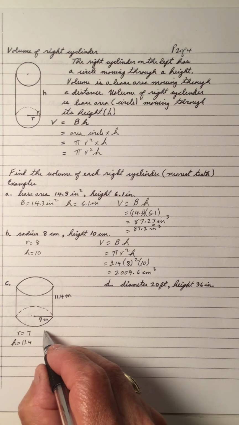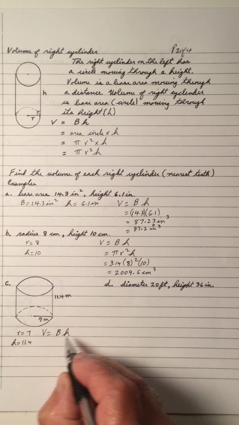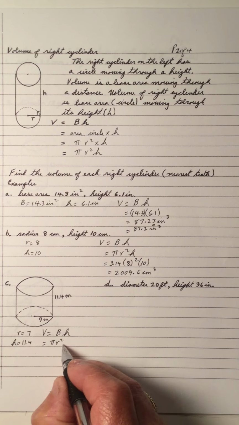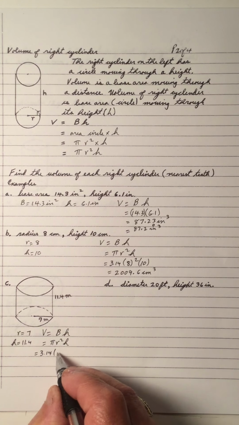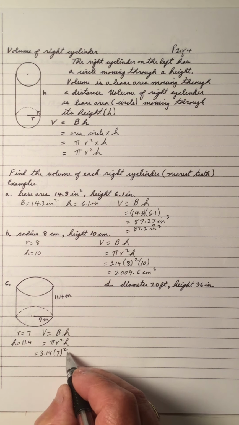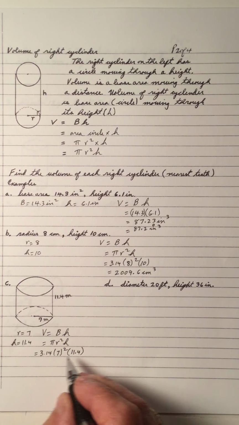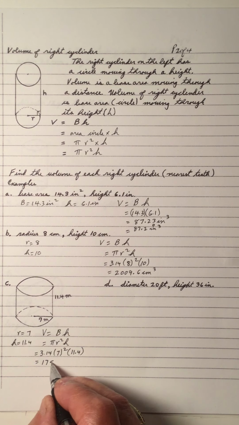So the volume is base area times the height. The bottom of the cylinder is a circle, so it's pi r squared h. So it's 3.14 times the radius, which is 7 squared, times the height, 11.4.